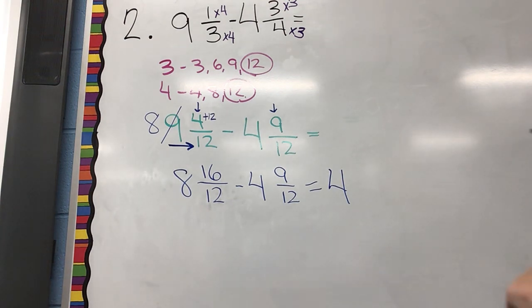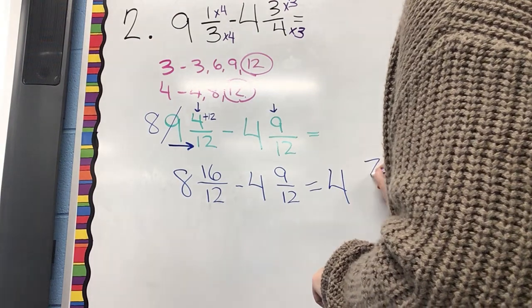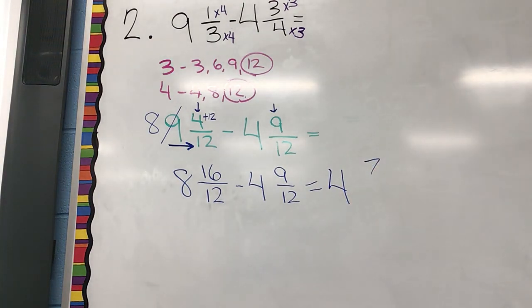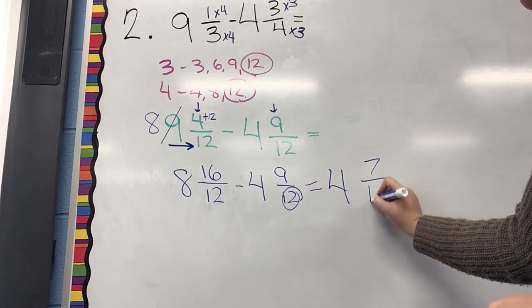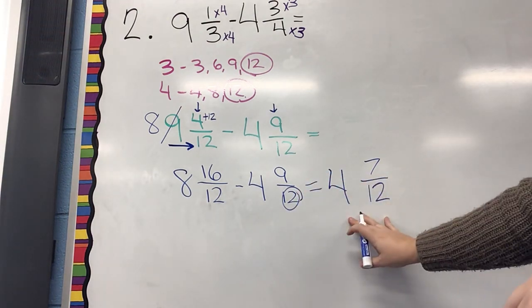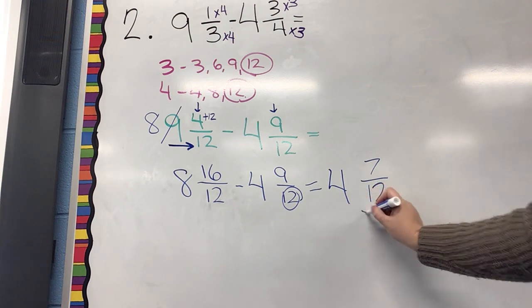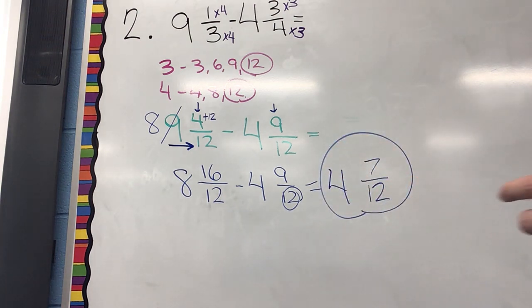We're gonna skip that for just a minute. I have 7. And then my denominator stays the same of 12. I always want to check, can I simplify? I cannot. So 4 and 7/12 is our final answer there.